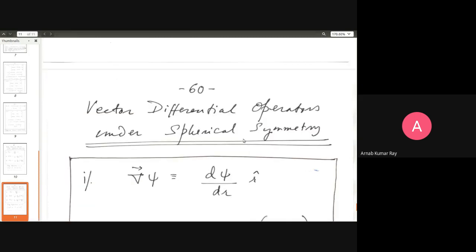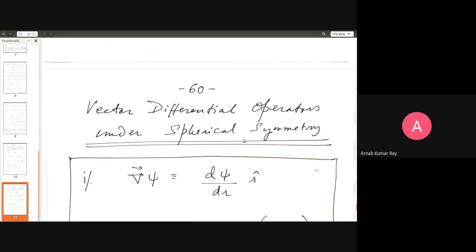They depend only on the coordinate R, not on theta, not on phi. So it will be easier for you to work with the radial coordinate only and go to a new system where you'd be allowed to do that.